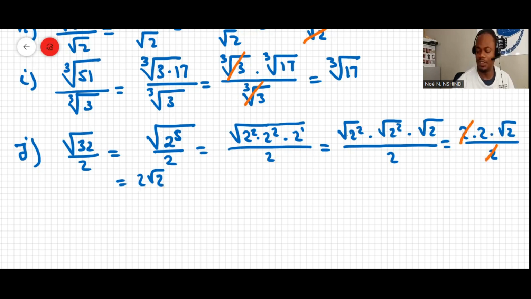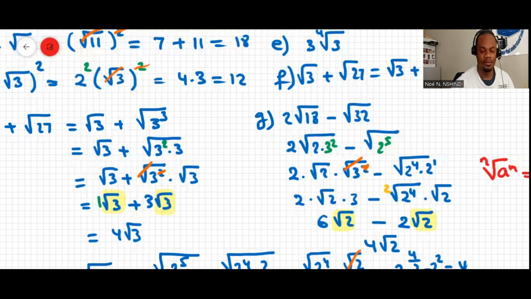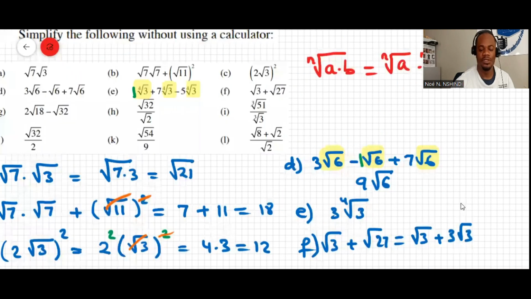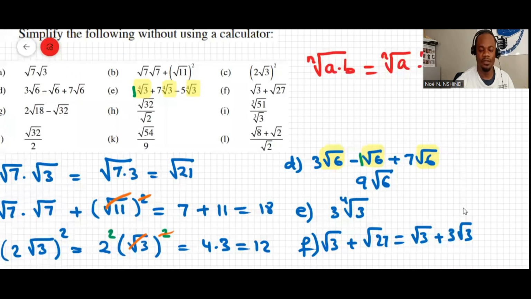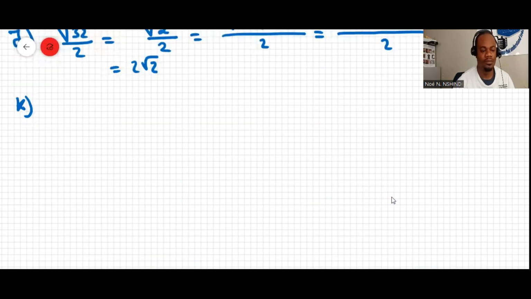And then the next question is K. Question K is root 54 over 9. Root 54 over 9.